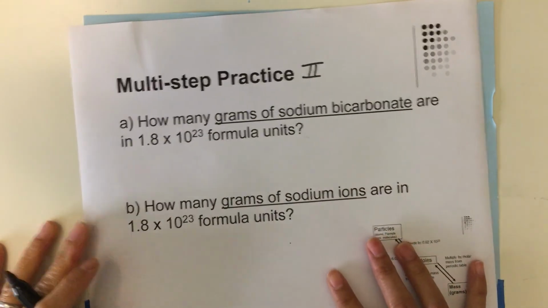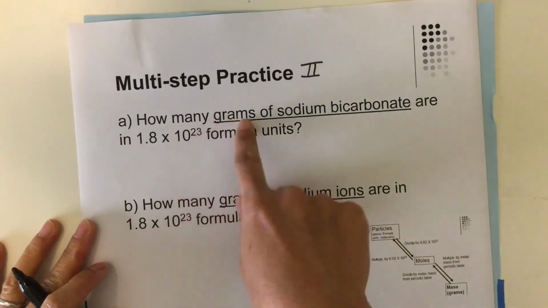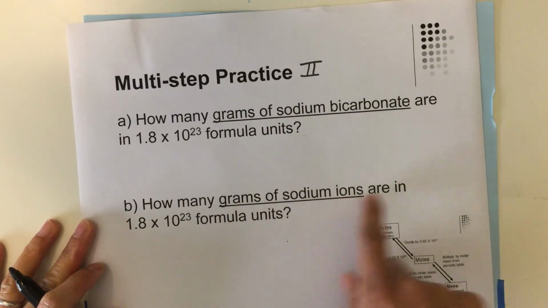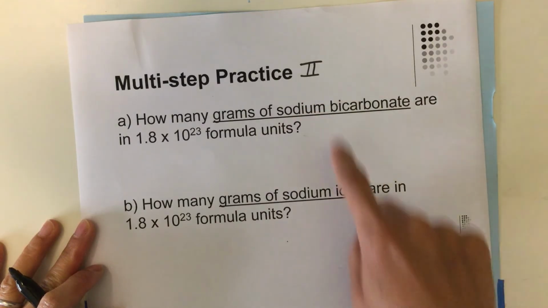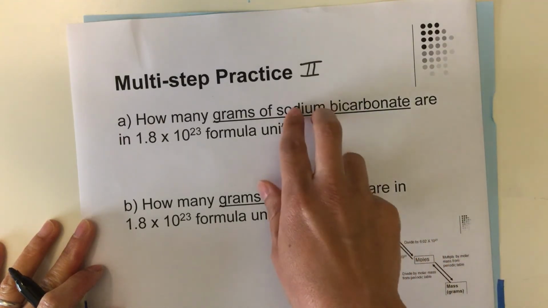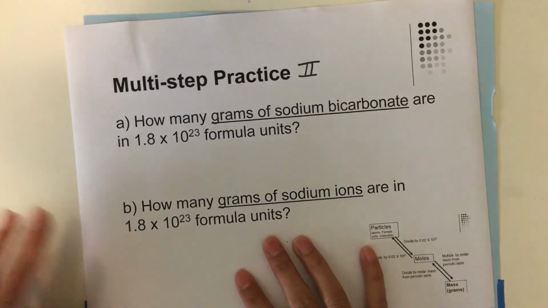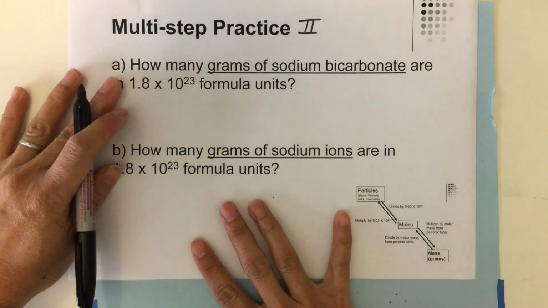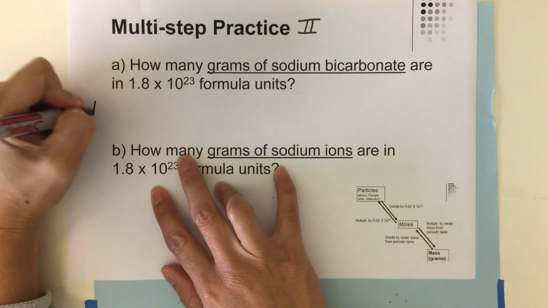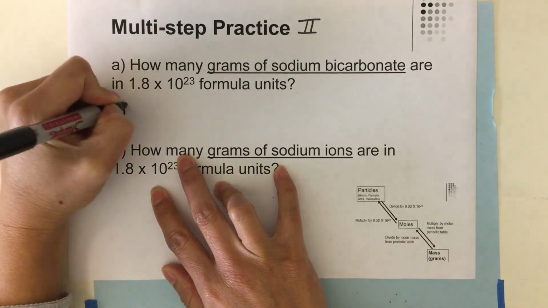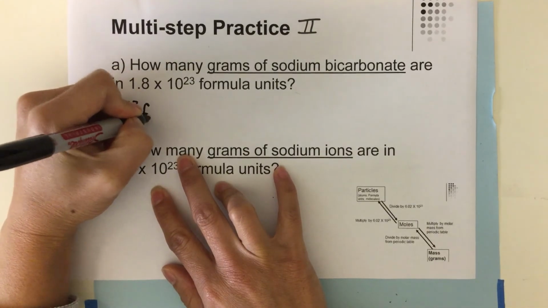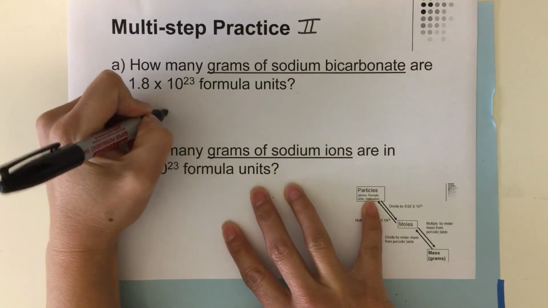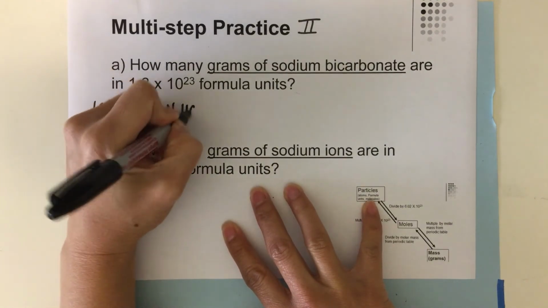We're looking at converting between formula units and grams of sodium bicarbonate versus formula units and grams of sodium ions. So we're digging into the sodium ion in the sodium bicarbonate in the second problem. Let's go ahead and look at the first. We're looking at taking 1.8 times 10 to the 23rd, and since this is an ionic compound, you're going to see formula units of sodium bicarbonate.